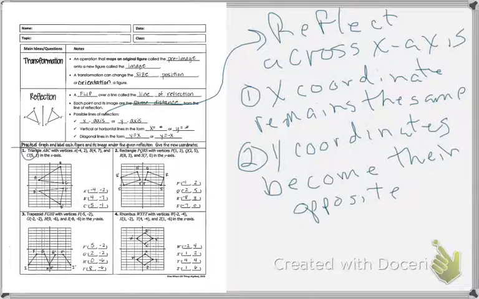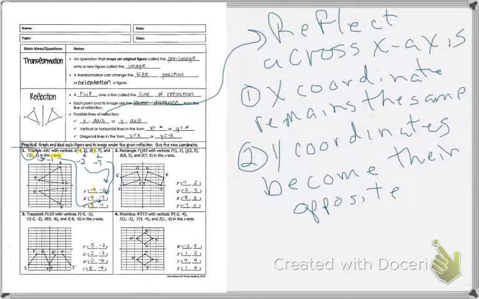If we look at number 1, notice this one is reflecting across the x-axis. Notice how all the x's remain the same. The ones that change simply become their opposite: 2 becomes -2, 7 becomes -7, and finally 1 becomes -1.